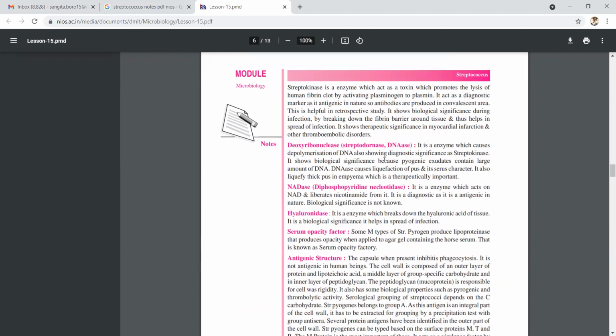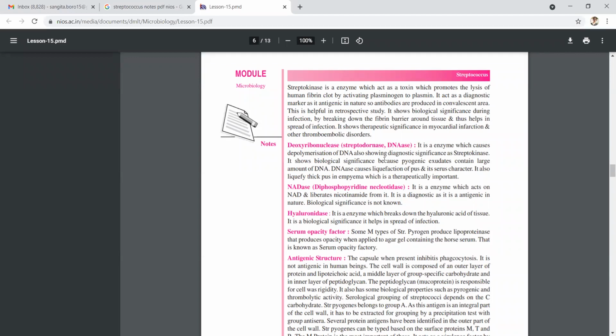There's an enzyme which is called streptokinase. It acts as a toxin again, and it promotes the lysis of human fibrin clot. That means when a person bleeds, after some time at the place where the person starts bleeding, the blood gradually clots, right?